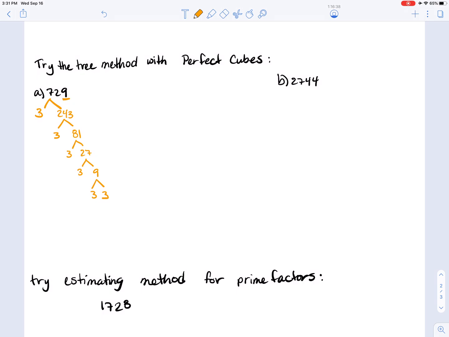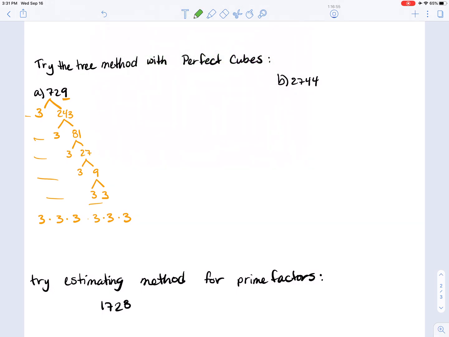Now it's giving me 1, 2, 3, 4, 5, and 6. 6 3s, so I'm going to write them down. 3 times 3 times 3, and times 3 times 3 times 3.